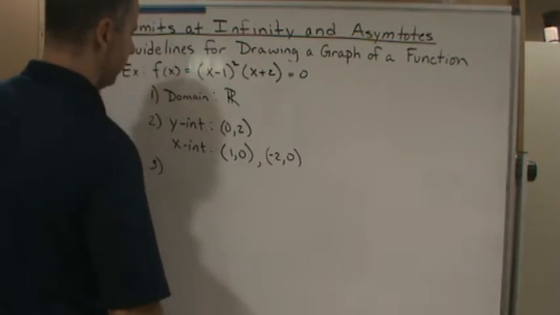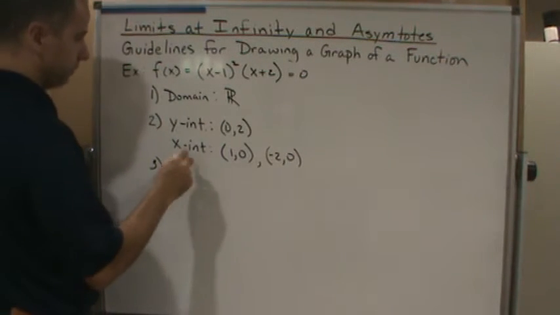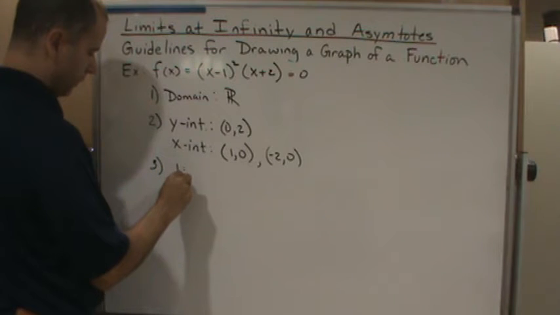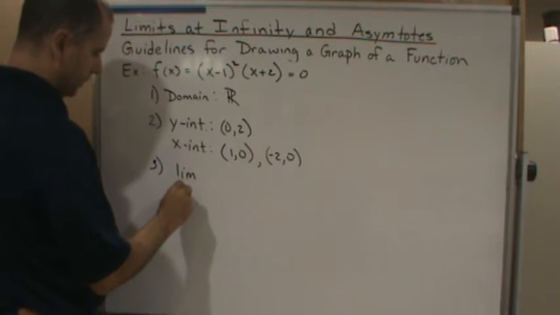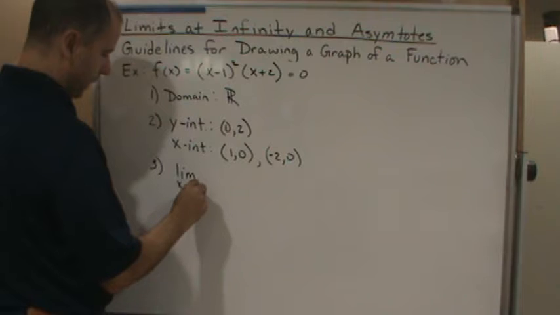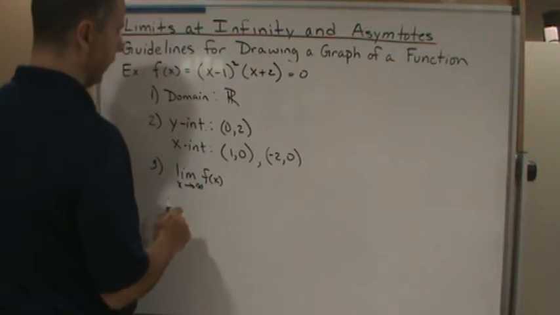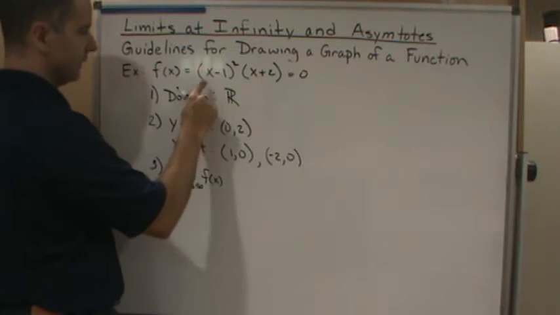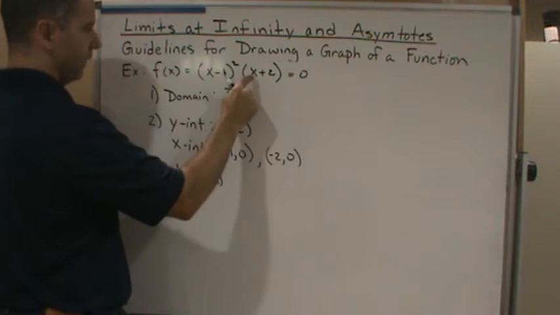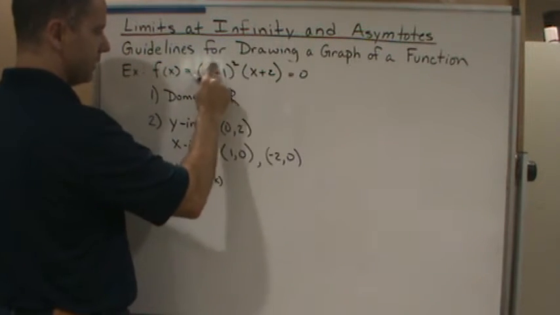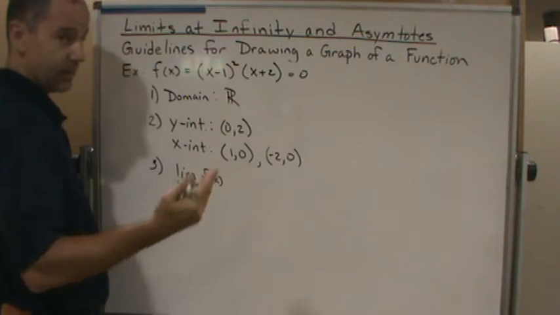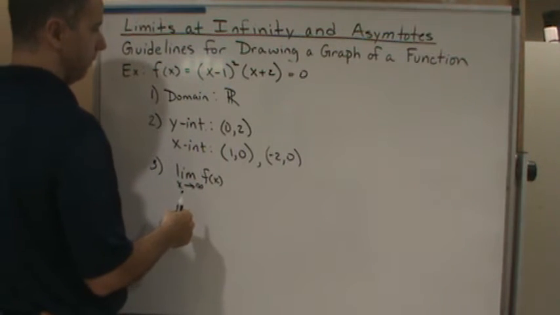But if we take the limit as x approaches positive infinity of f of x, this is going to go to positive infinity. This is getting large positive, this is getting large positive, so positive times a positive is positive.